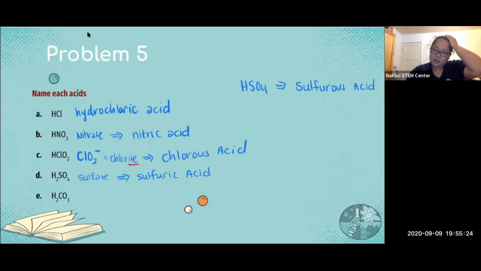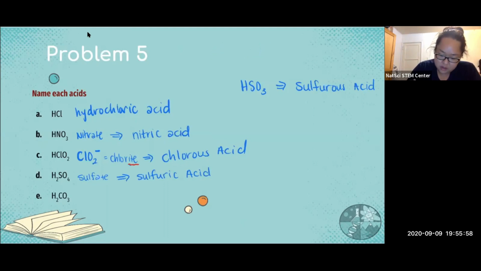Because that would be HSO3, because there's sulfite. No, but what if it was HSO4? So it can't be. H is a plus charge and SO4 is a 2 minus. Okay, all right, that makes sense. So it can't be HSO4.